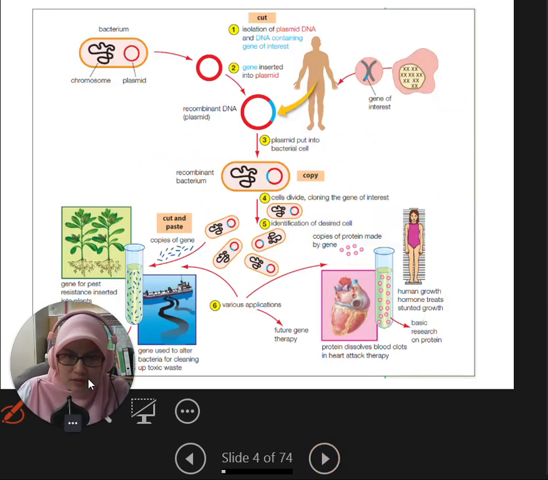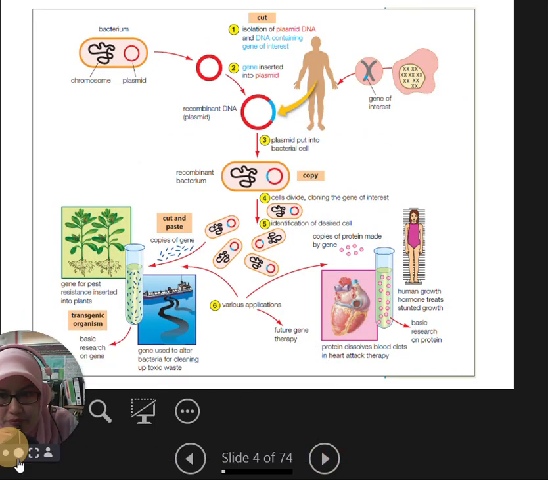Now, if you look at this diagram, this is a bacterial cell with its chromosome inside and a plasmid inside. You know that bacteria can have extra chromosomal DNA, which we call a plasmid. This is the whole genome.